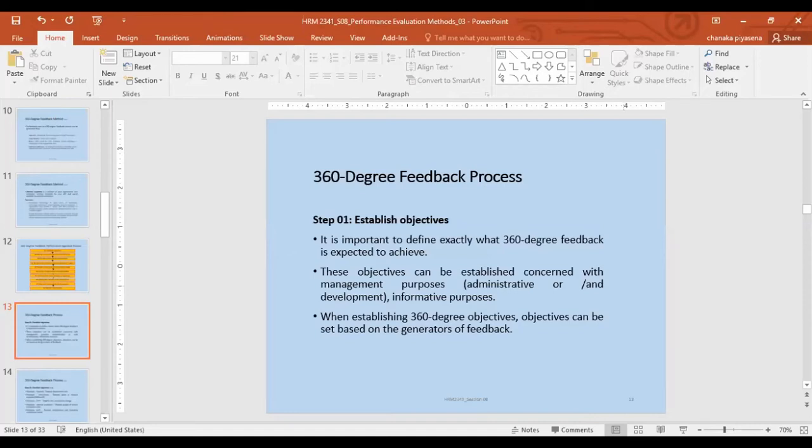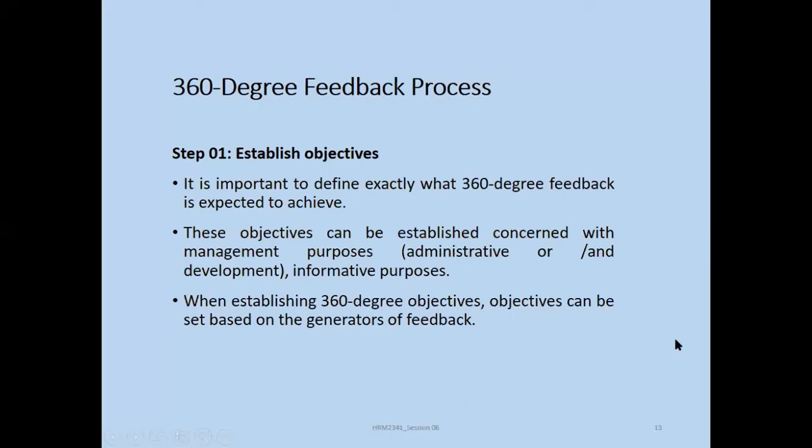Then, the second party, we are going to collect feedback about the HR manager from the finance manager as the peer perspective.